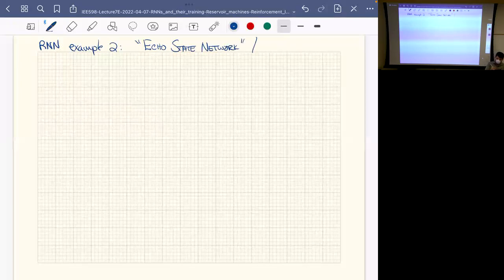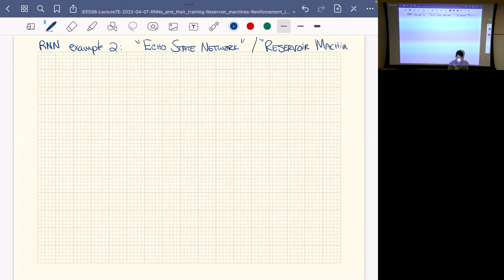Otherwise known, which is sort of the trademark name, I guess you could say, but more generically, these types of networks are called reservoir machines. So you should remember both of those because they're popular names, echo state networks or reservoir machines.